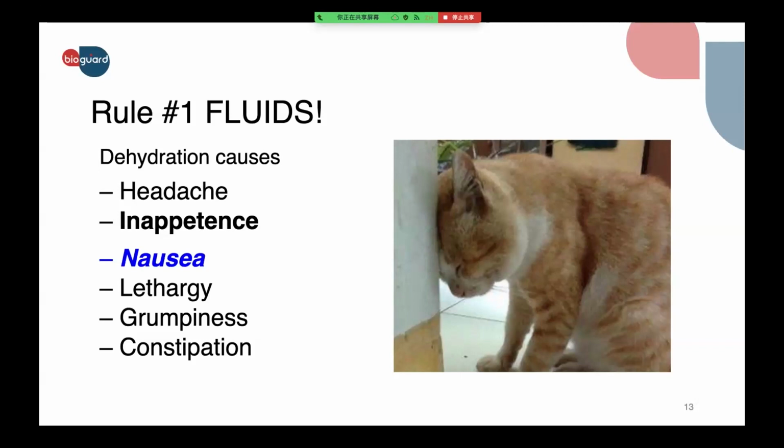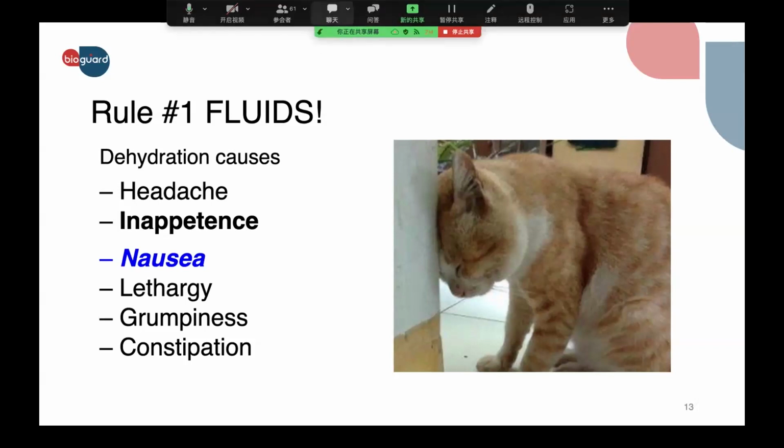Dehydration will cause headache, just like a human after drinking, who wakes up the second morning with a severe headache, not only because of the alcohol but also because the body is pretty dehydrated. Dehydration will also make nausea and inappetence more likely, making the condition more severe.